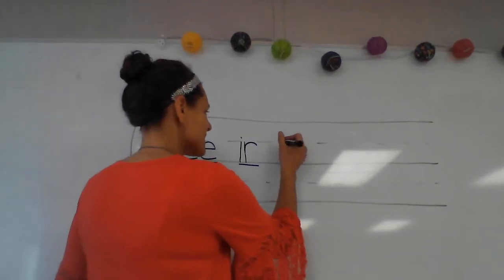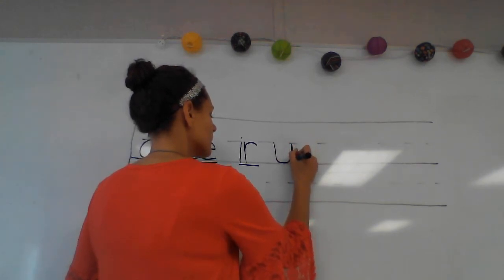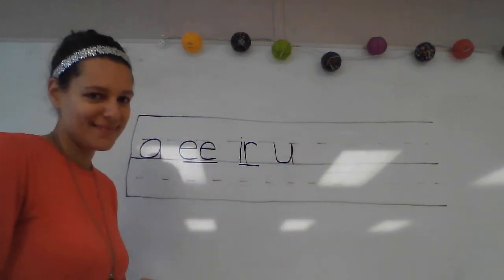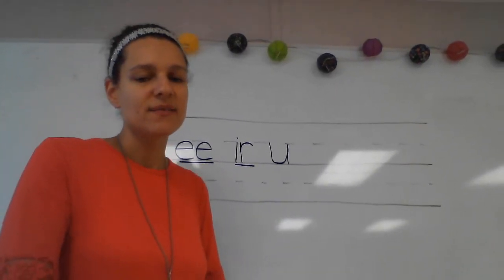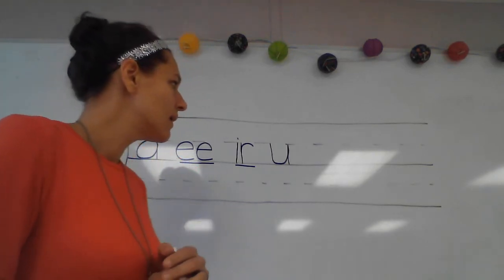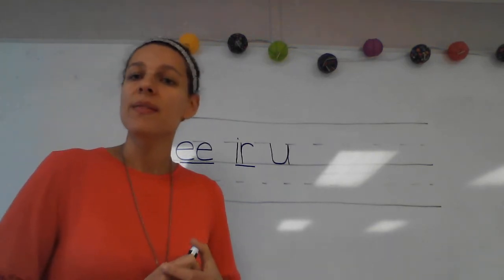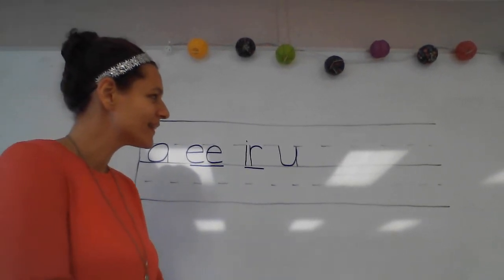All right, class, this is our u. All right, the next phonogram is, let's see, the of her. Class, what are we going to write?